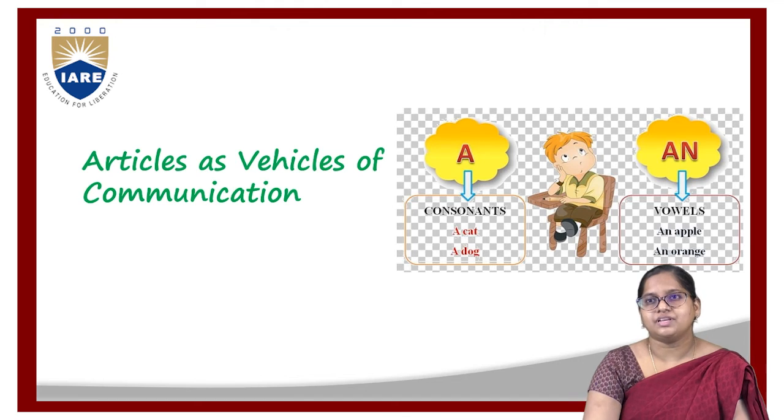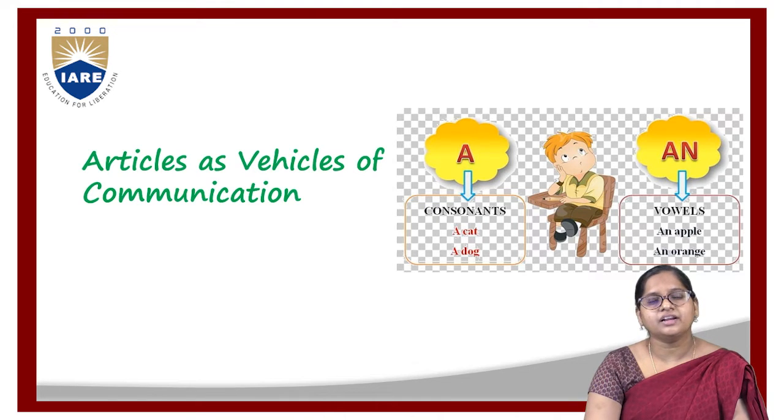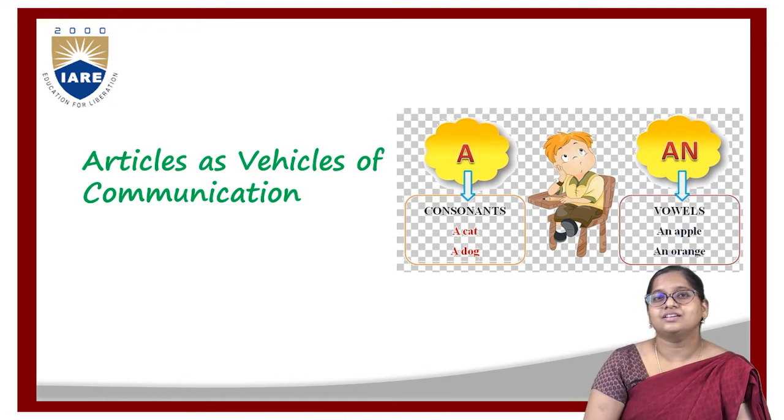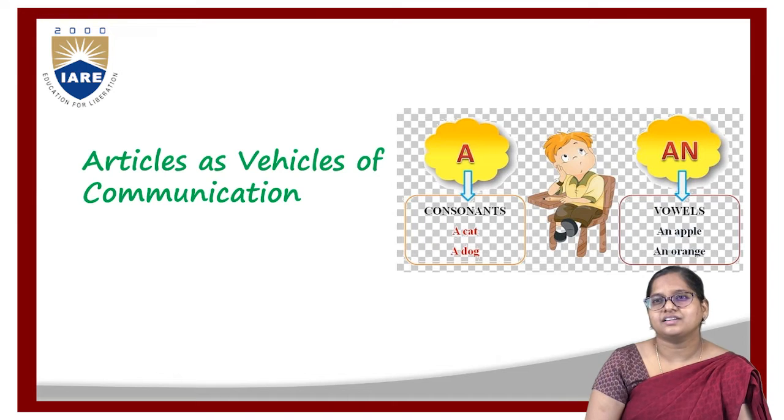Let me give you an example. There's a cat. There's cat. So am I talking about cats or cat? One single cat? How do I know, until and unless I use there are cats, or the cats in that room, or I say there's a cat. So one cat. Or the cats in that particular room.